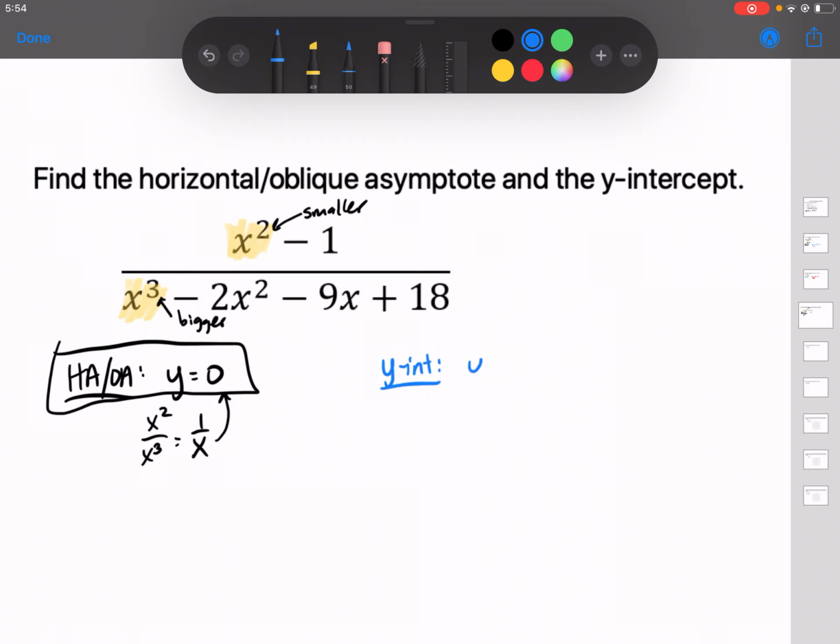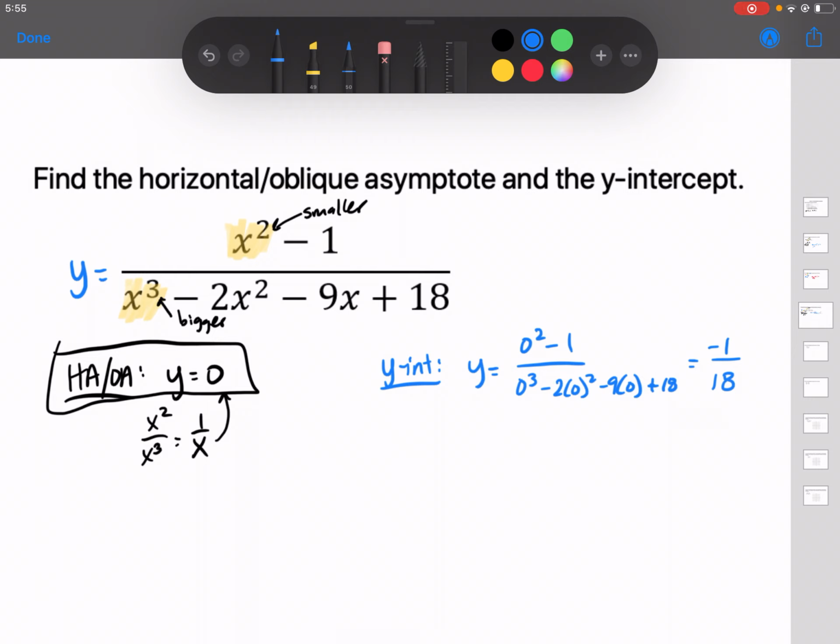Let's go to y-intercept. Remember, this is supposed to be y equals, because I forgot to do that when I put all this together. So it's 0 squared minus 1 over 0 cubed minus 2 times 0 squared minus 9 times 0 plus 18. You'll notice a pattern, by the way. Because you're putting 0 in for all the x's, really you can just look at the constants, so negative 1 over 18.